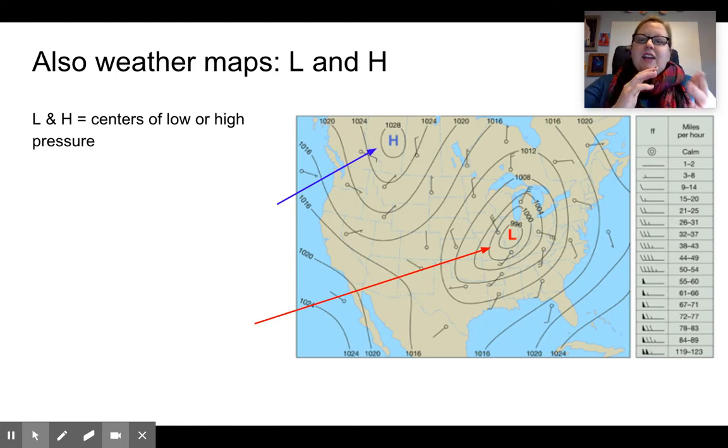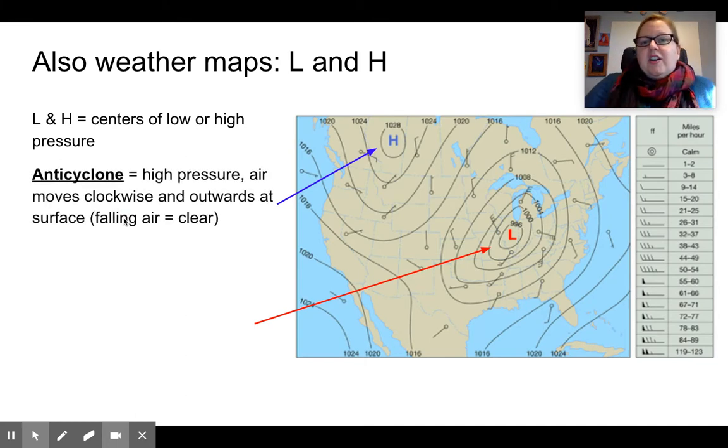So these H's and L's form in places and then move across the map, taking their pressure with them. The H's are called anticyclones, which I know you've probably heard of cyclones. We're going to talk about those next, but an H is an anticyclone. It's the opposite.